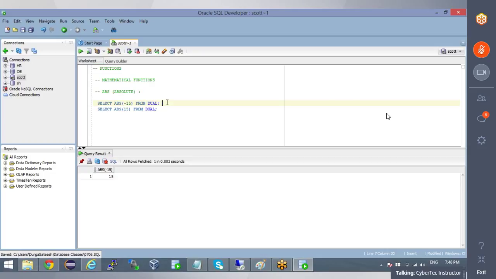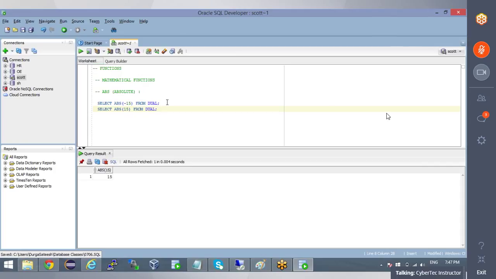ABS absolute value is going to be generated, where it is going to convert a signed value to an unsigned integer. Like when I say signed value, a negative value is converted into a positive value. That is what this absolute is doing. Now what happens when I supply a positive value to that absolute?